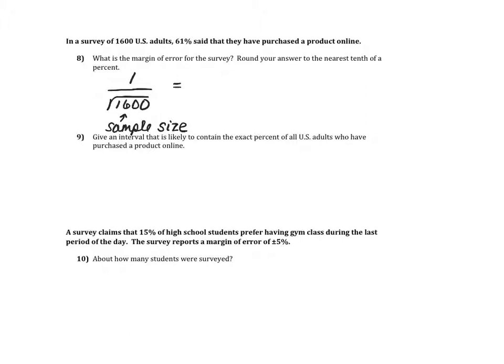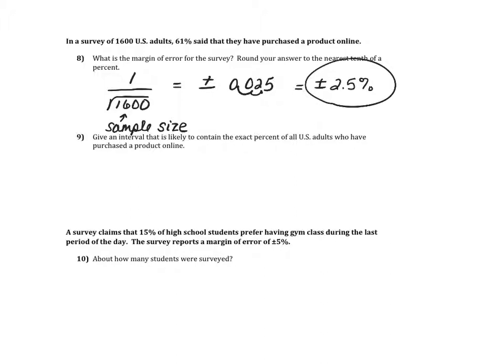And when you do that, what you get out is, it's always plus or minus because that's what allows you to get to your interval, but you get out 0.025. But you're not done because it needs to be a percent. So don't forget, move your decimal 2 to the right, and your final answer is plus or minus 2.5%. That is your margin of error.